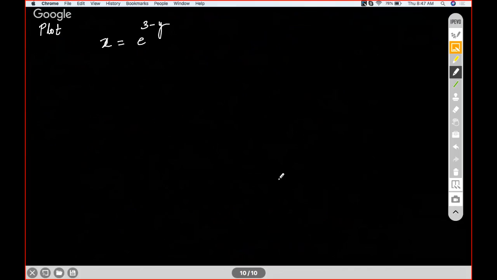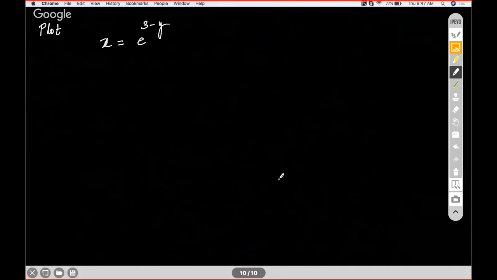Got it. So I have to plot x equals e to the power 3 minus y. The first thing I'm going to do is swap them: y equals e to the power 3 minus x. This is the same thing as y equals e to the power minus x plus 3.